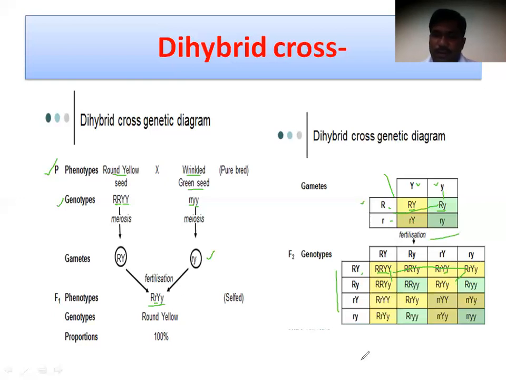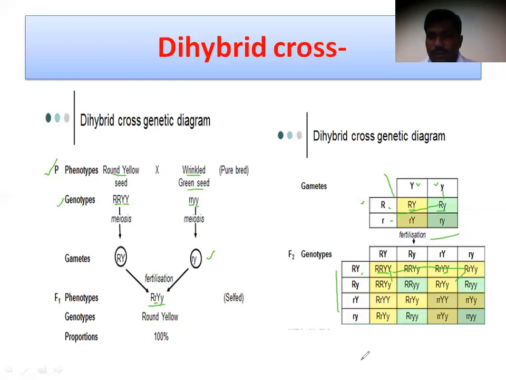Therefore, in the ratio, 9 individuals have round seed with yellow color, and 3 individuals are round and green. So this is capital R, small y, small y. Small y denotes the green color. So these individuals are round, small y, small y.